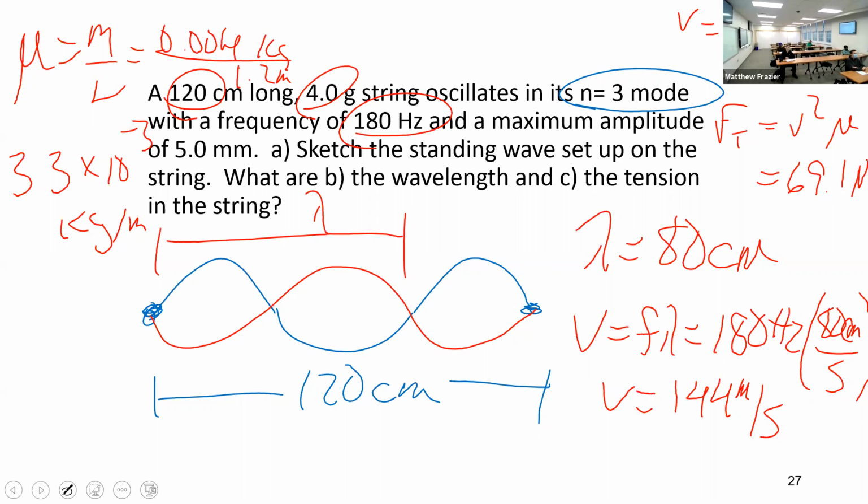Again, the numbers aren't strictly important. The point is, how do you see a problem and identify what you've got to do? If we're talking about a guitar string, you're probably looking at standing waves.